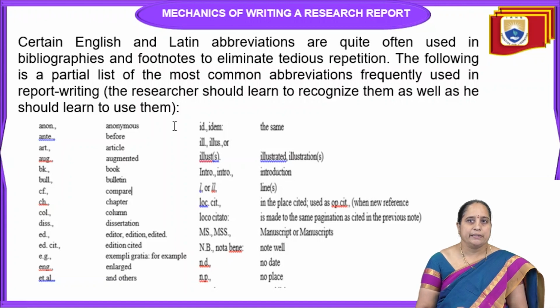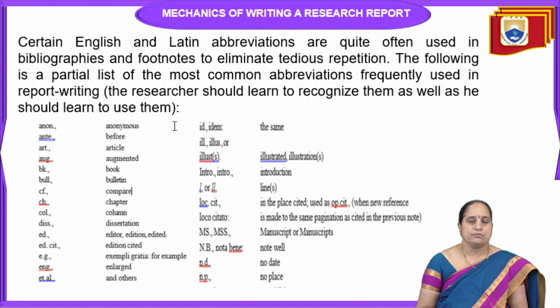Certain English and Latin abbreviations are quite often used in bibliographies and footnotes to eliminate tedious repetition. So to avoid too many repetitions, we follow the following English and Latin abbreviations. This list has the most common abbreviations most frequently used in report writing.